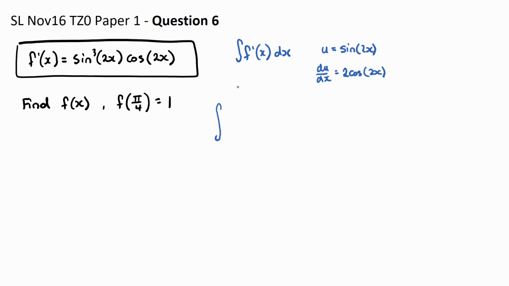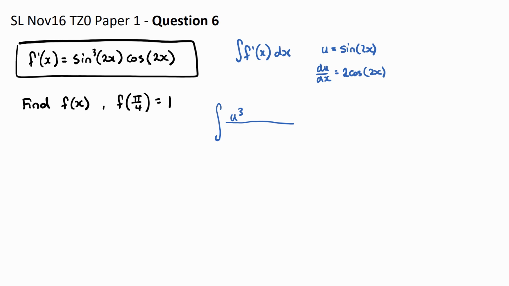Now, I'm just going to write a denominator, a divided by line here. Now, sin cubed 2x, that's just the same as u cubed, because sin 2x is u, so I'm just going to put u cubed.